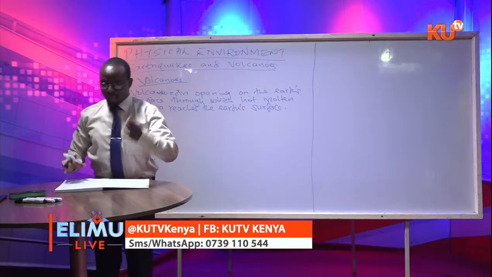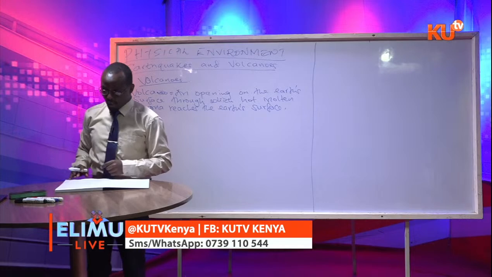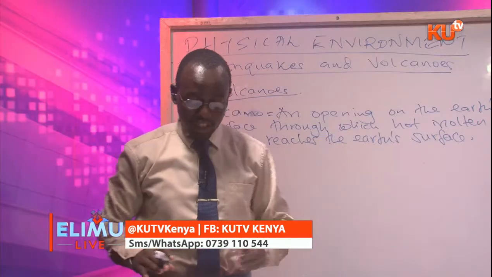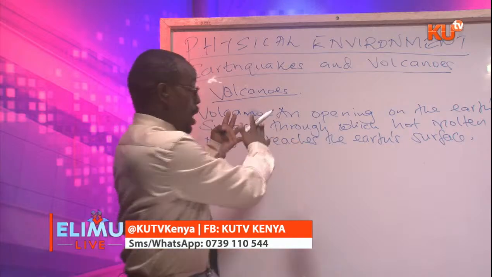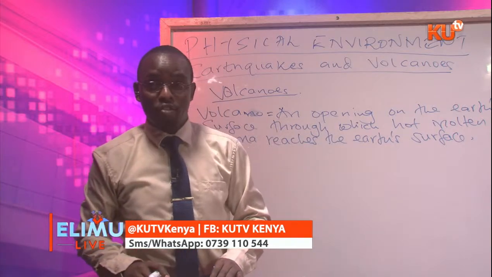Now, we are going to accompany all these teachings with some diagrammatic sketches to represent what happens when this phenomenon occurs on the Earth's surface.